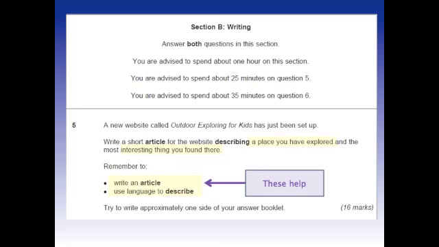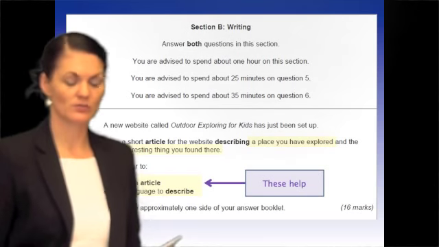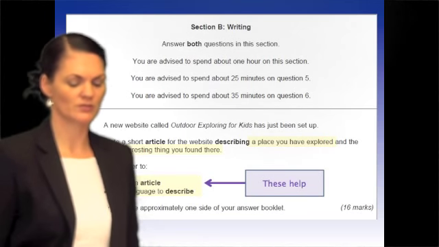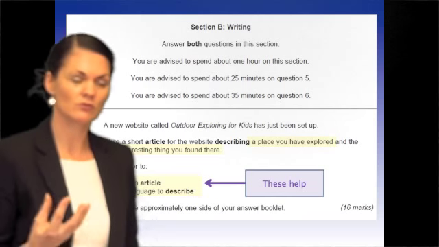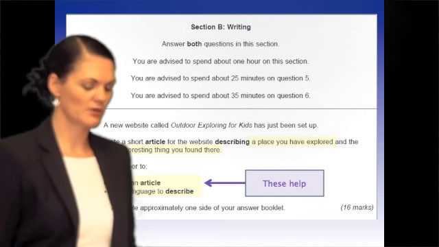So it tells you, it says, remember to write an article and remember to use language to describe. Lots of describing videos also on this website. So think really about the adjectives that you use and the verb choices that you use. Okay, so look really carefully at the question.